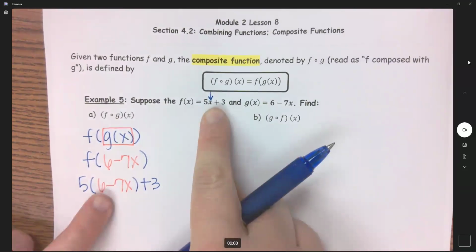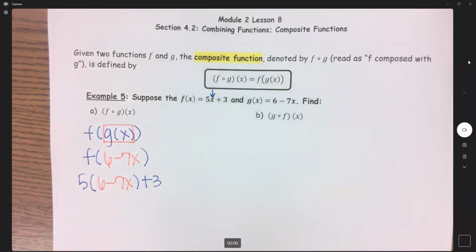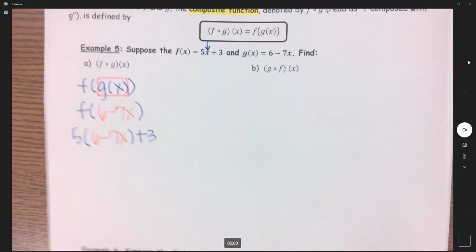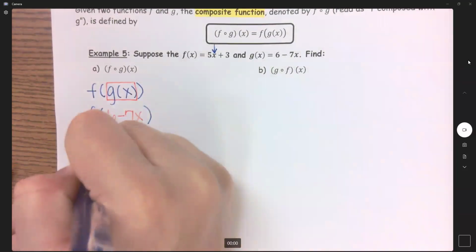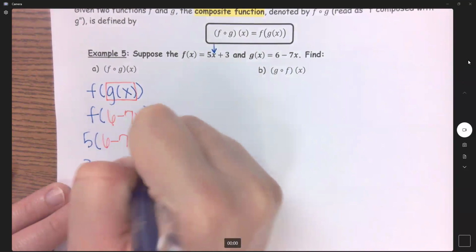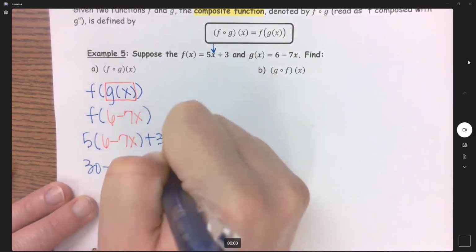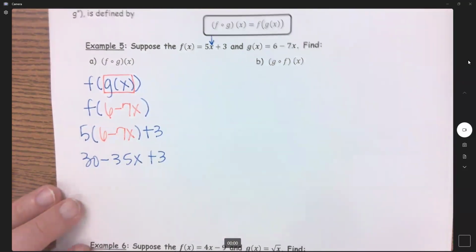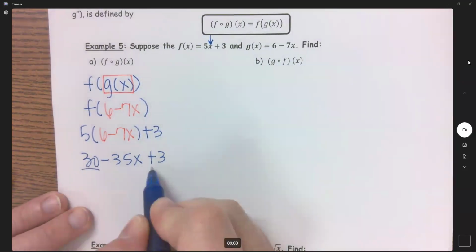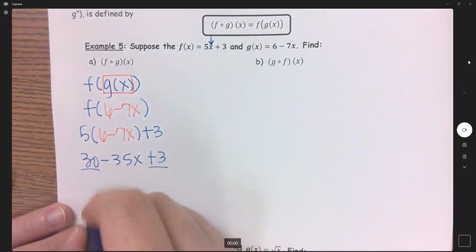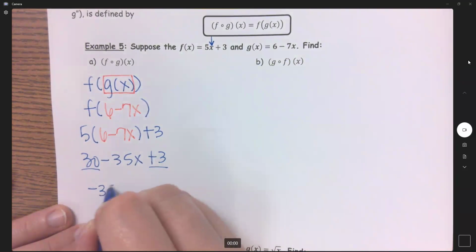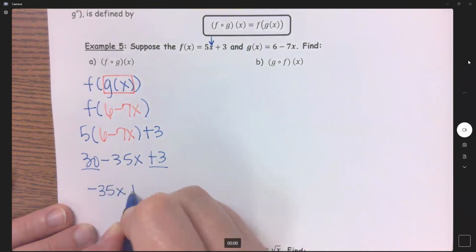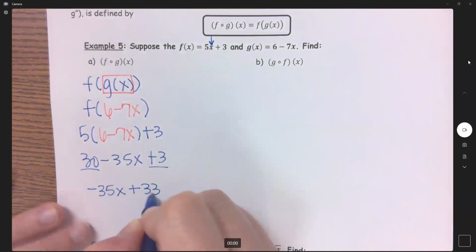Now simplify this. Distribute the 5, and we get 30 minus 35x, bring down your plus 3, and now combine like terms. 30 and 3 become 33. So this is minus 35x plus 33.